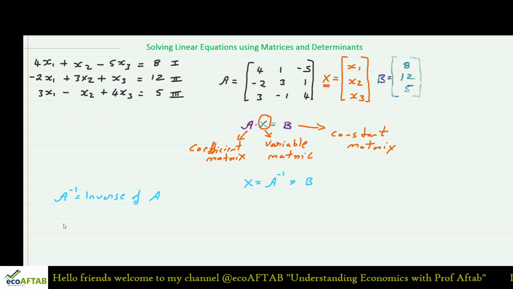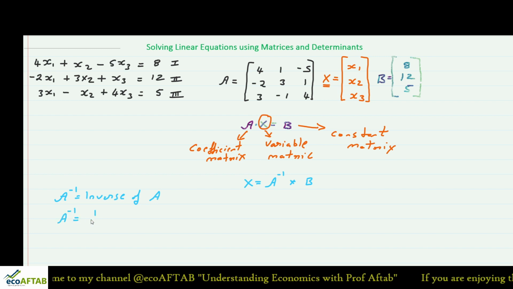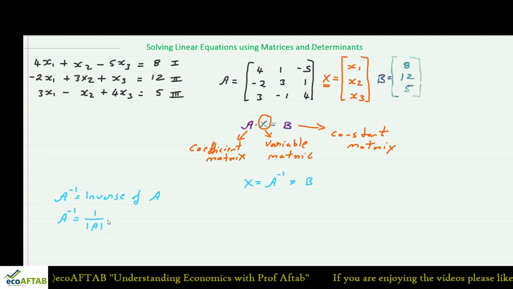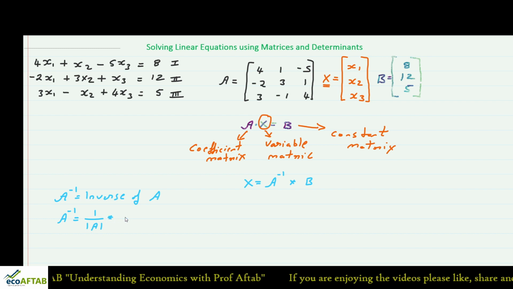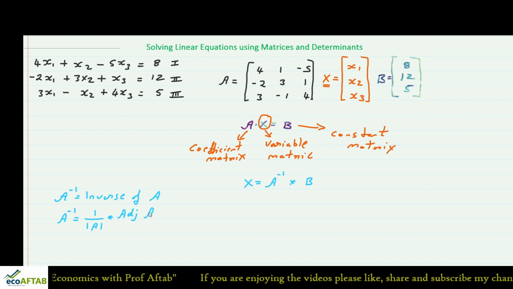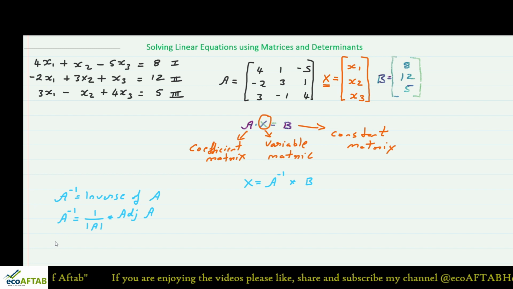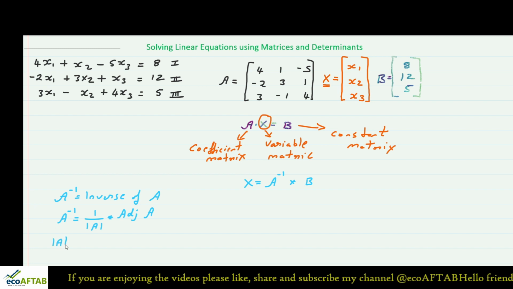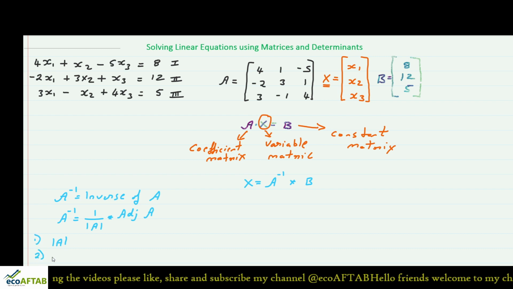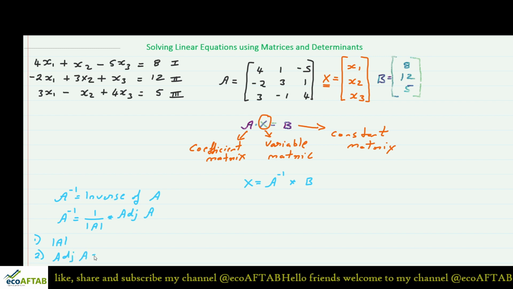So how to calculate A inverse? A inverse is equal to 1 upon determinant of A multiplied by adjoint of A. The first step is now to find out determinant of A, and once you find out determinant of A, then you need to find out adjoint of A. And what is adjoint of A?